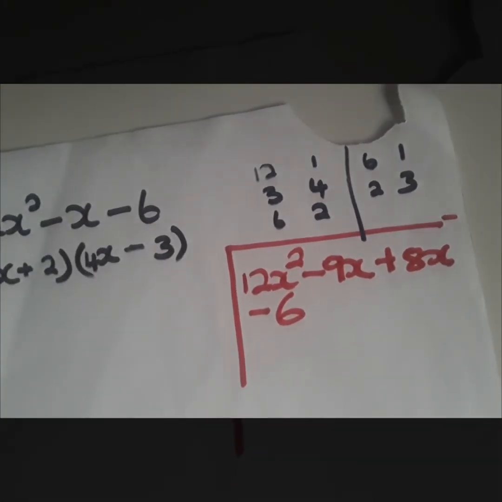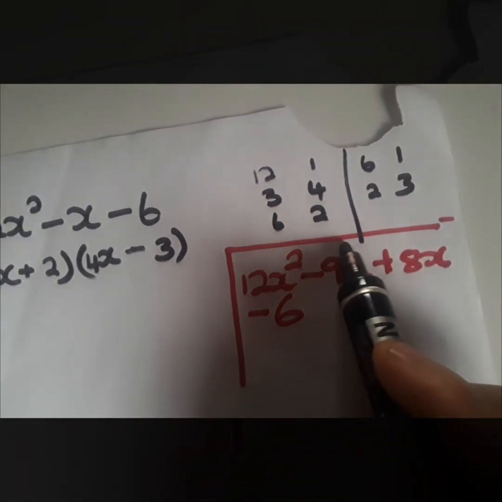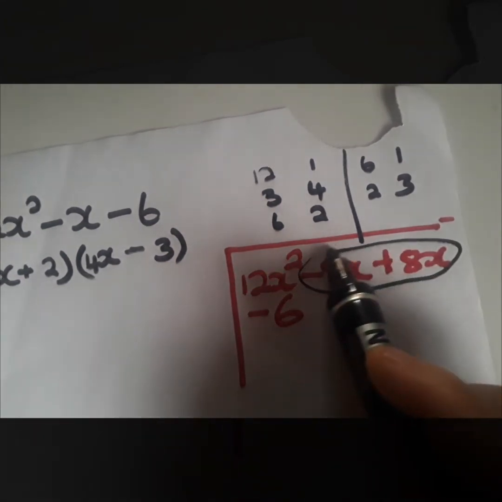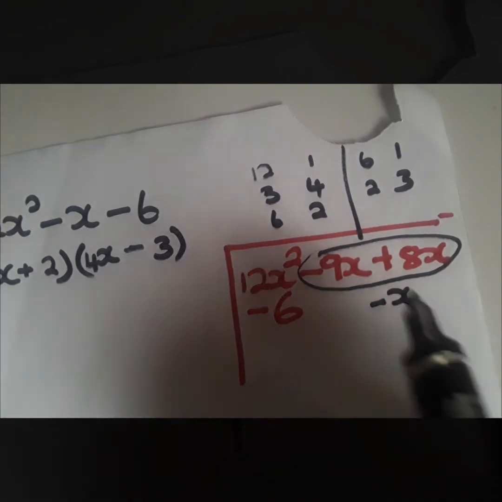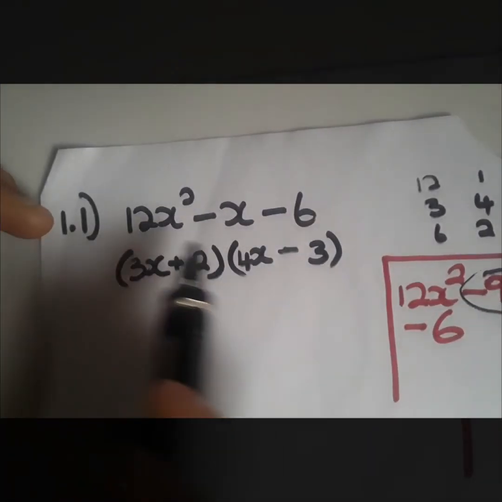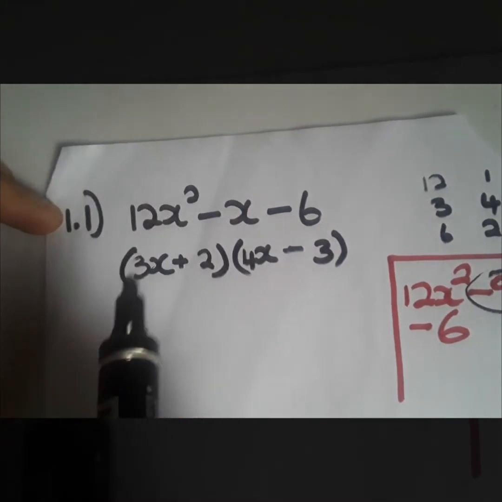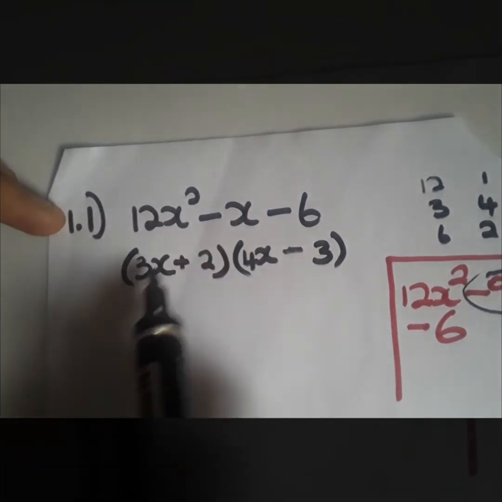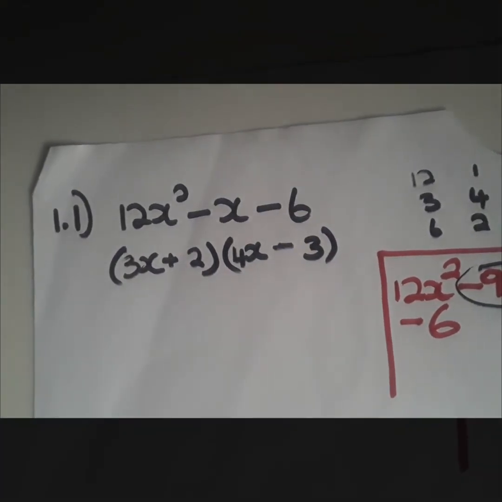So minus 9x and 8x are like terms. If we add these, you will get minus x. So we have the original expression, and we can conclude that these are the factors of this. So our factors are correct.